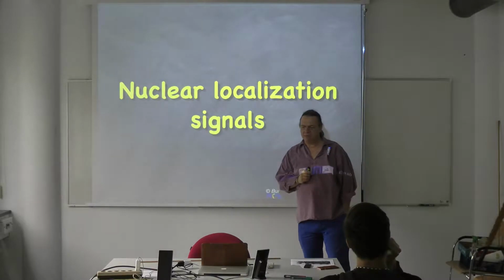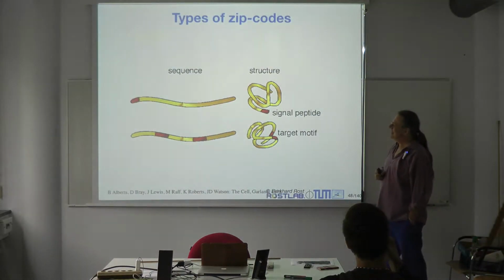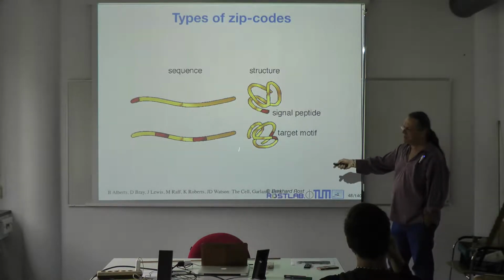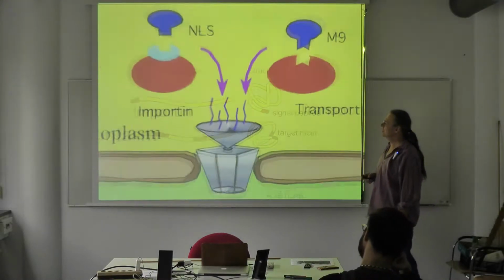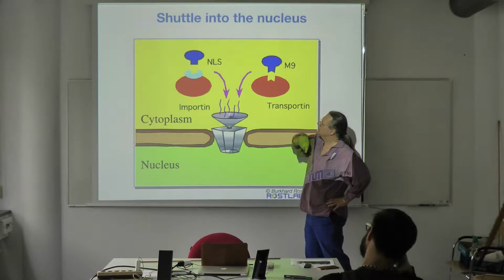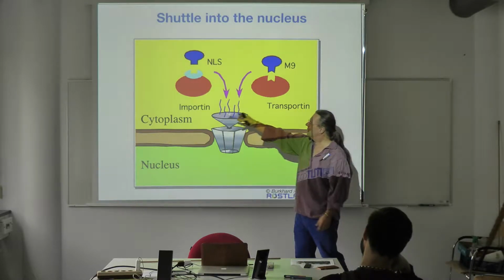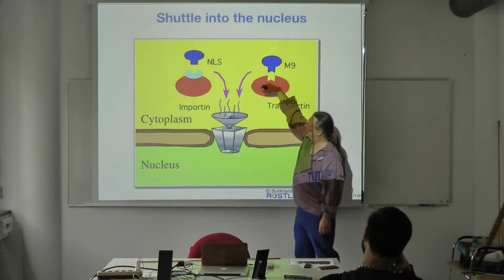Now here's a different type of motif, the so-called nuclear localization motif. That is sometimes perceived more like this. So the issue here is the following. You have the nuclear localization motif, NLS, often abbreviated, which is recognized by proteins such as transportins or importins.